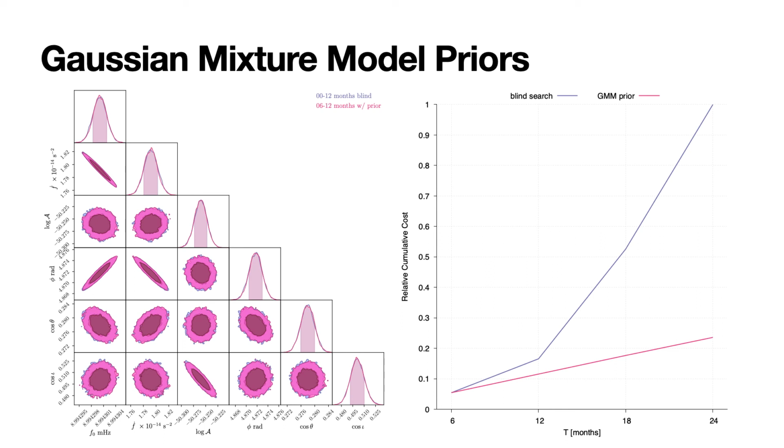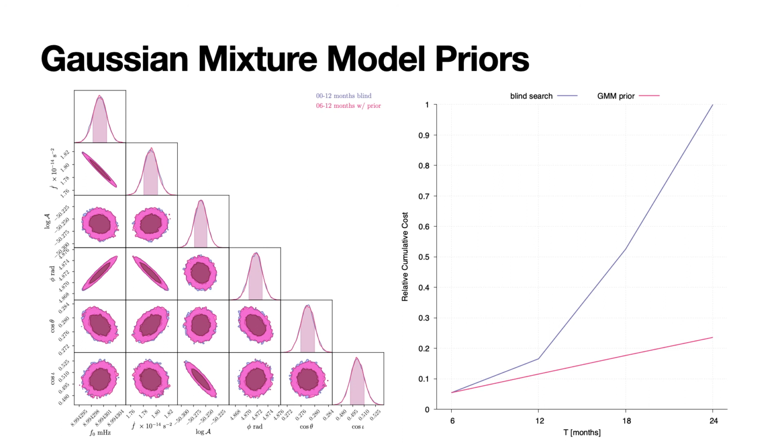So the figure on the right-hand side there shows the cumulative cost of the analysis if our goal is to update the source catalog every 6 months. The colors are the same as before, so the blue curve there is if we're analyzing all of the data from the start of observations until the day we want to update the catalog. And the magenta curve is if we are only analyzing the data in 6-month intervals using yesterday's posteriors as today's priors.